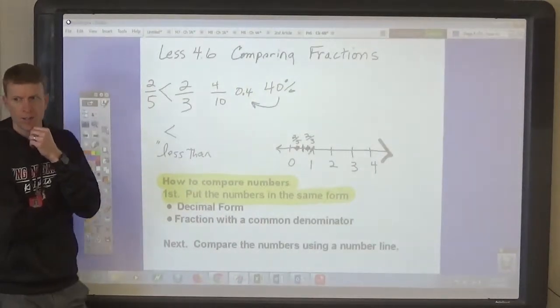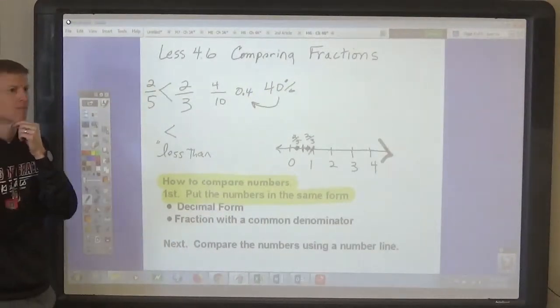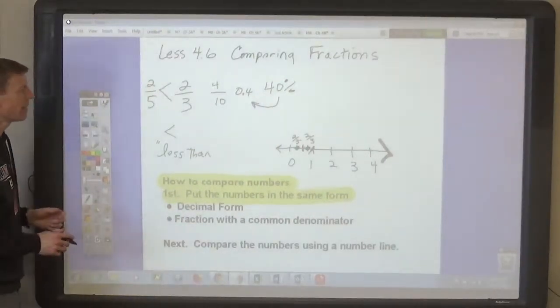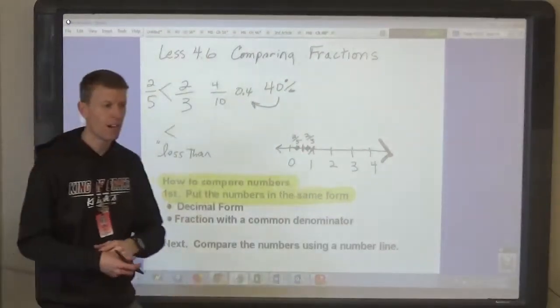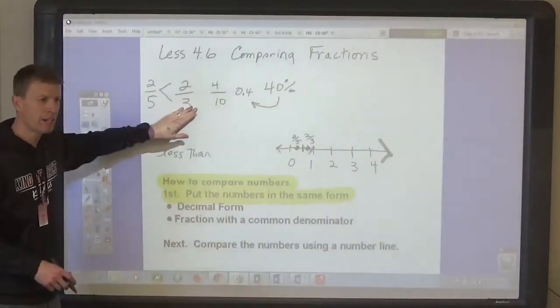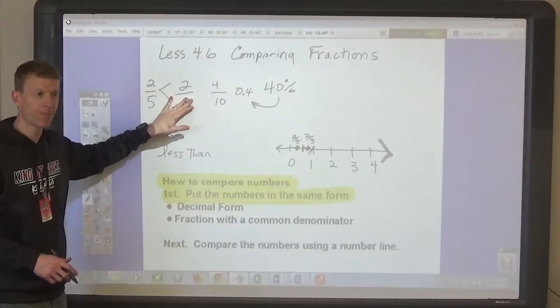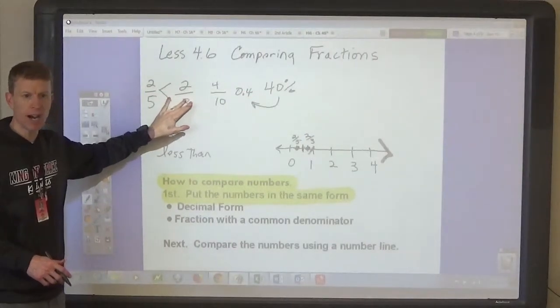The problem is 5 out of 16 and 1/4. 1/4 is bigger than 5 out of 16. All right. So now let's say that we have numbers that don't have the same denominator, and let's say that both of them are less than a half. Now how can we compare them?